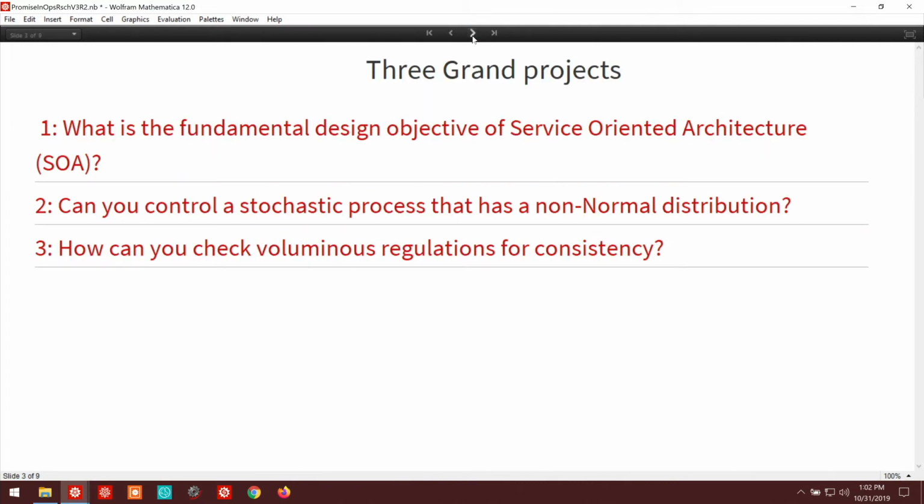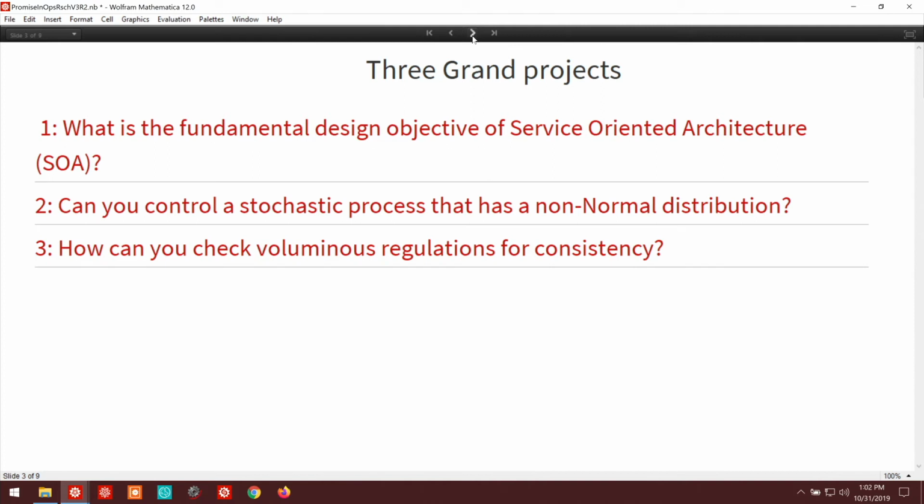We're going to talk about 3 grand projects, which will range from not very much use of Mathematica to considerable use of Mathematica. Project number 1, what is the fundamental design objective of service-oriented architecture? What in the world is it supposed to accomplish? Surprisingly enough, almost nobody knows this. No, seriously, you'll see.